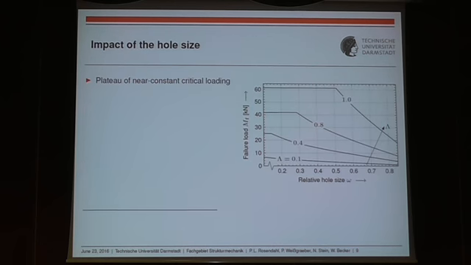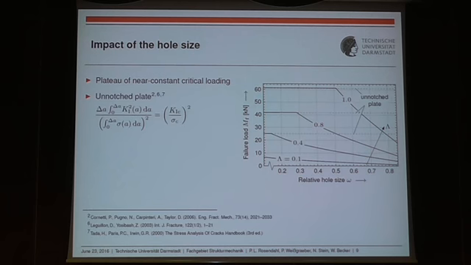If we look at the impact of the hole size, and we plot, for example, the critical bending moment we impose on the structure against the relative hole size, we observe this plateau of near constant failure load with respect to the hole size.